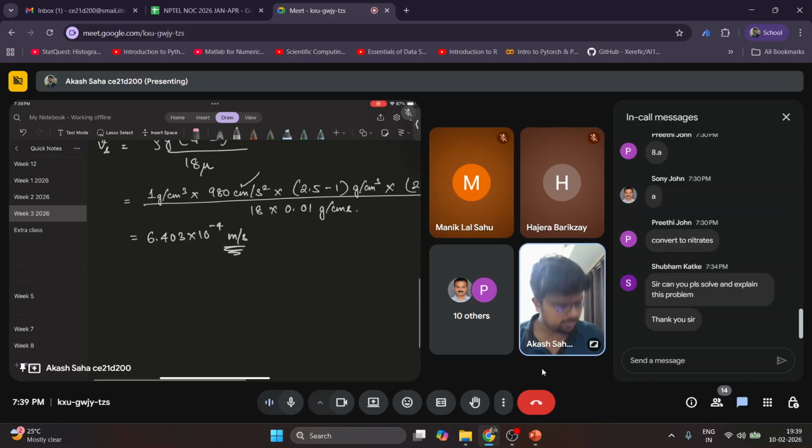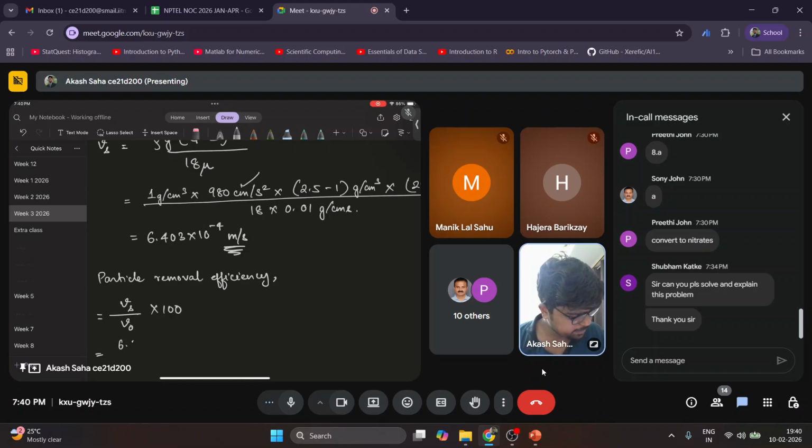Once you get the settling velocity, the particle removal efficiency will come. The particle removal efficiency is nothing but Vs by V naught into 100.